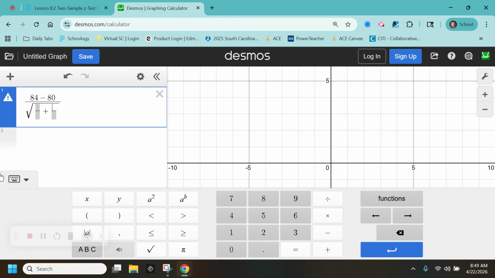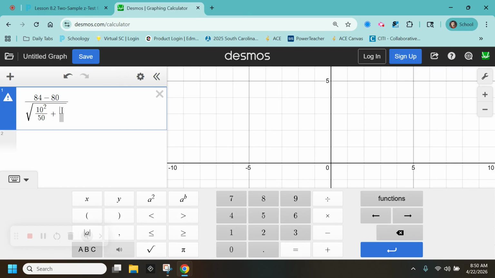And so for this first fraction, our numerator is our population standard deviation. So in this case, we had 10. And this is going to be 10 squared. And it's over our sample size. So the sample size of group 1 was 50.